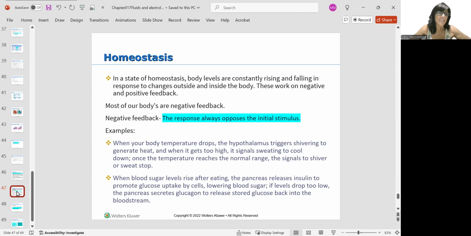Later on, you haven't eaten for hours and hours, and your blood sugar levels start to drop and you start to get a little dizzy, a little lightheaded. Your pancreas will secrete glucagon, and that'll release stored glucose from your liver back into your bloodstream. Opposite. Blood sugar's low, we send some in to bring it back up. Blood sugar's too high, send insulin to bring it down. Opposites, right? Pretty easy. That's negative feedback.